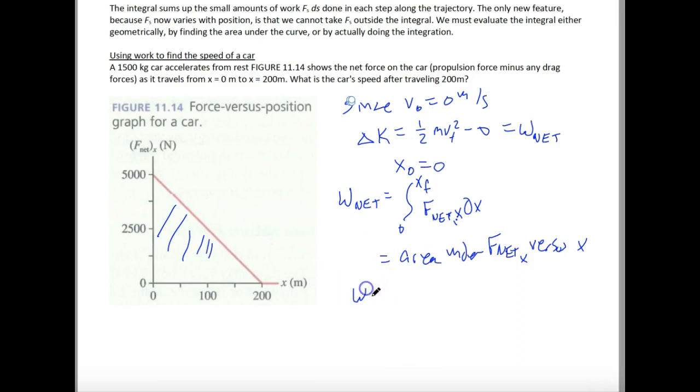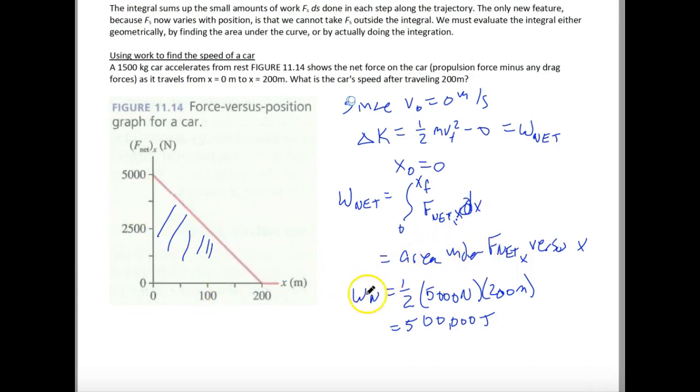Because of that, we're just going to say that the net work is equal to 1/2 of the force, which is 5,000 newtons, times our 200 meters. And that is equal to 500,000 joules. So this, by definition, the net force in the x dx, is really just that area underneath.